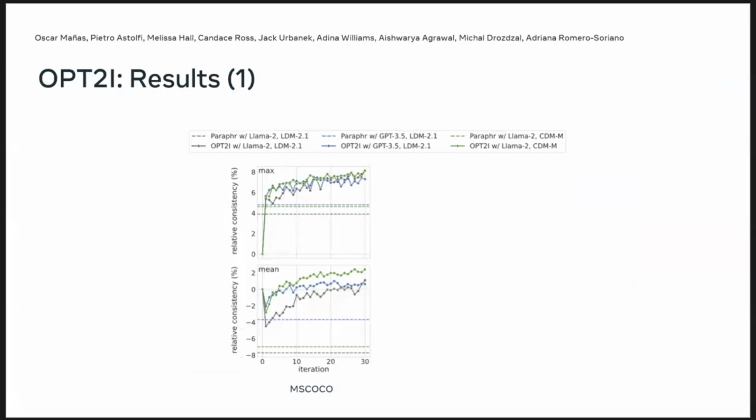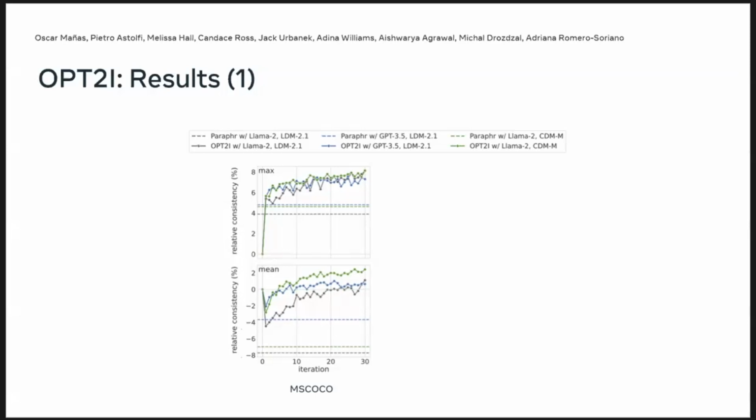We're applying this optimization by prompting approach with different combinations of large language model and text-to-image model. And we are comparing this to a simple paraphrasing baseline where we just ask the large language model to rephrase the input prompt without giving it any additional information coming from the scoring function.